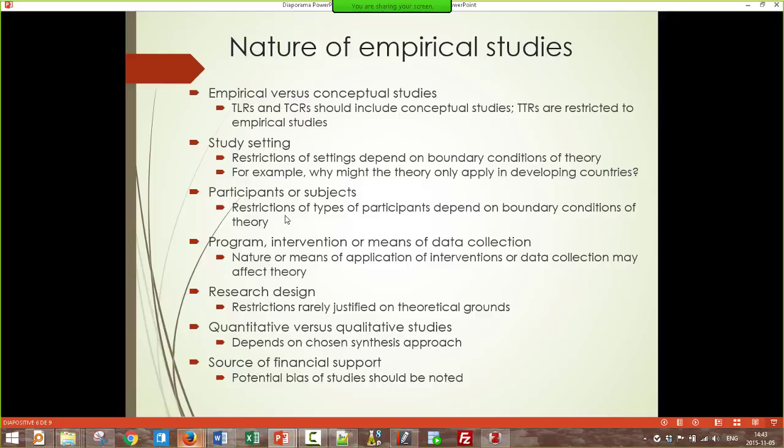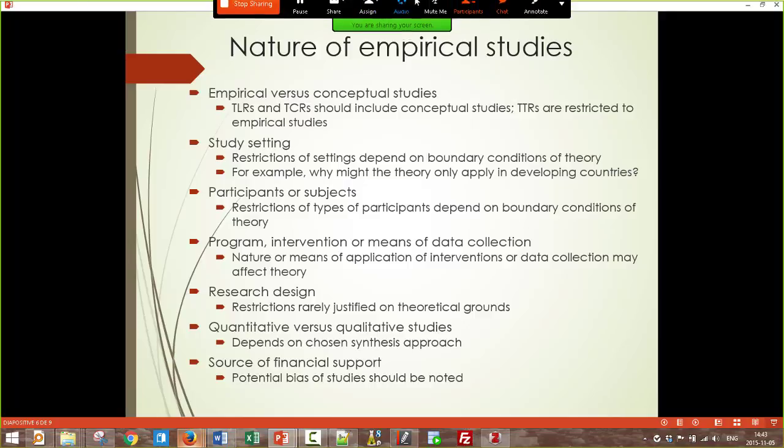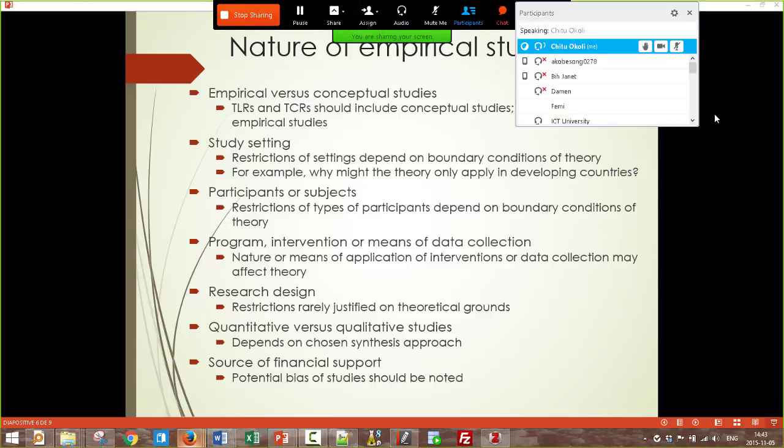Okay, so an example is human factors in project management. Perhaps you are only interested in the project manager's perspective. So you're only looking for studies that looked at the project manager's perspective. You're not looking at studies that looked at the project member's perspective.